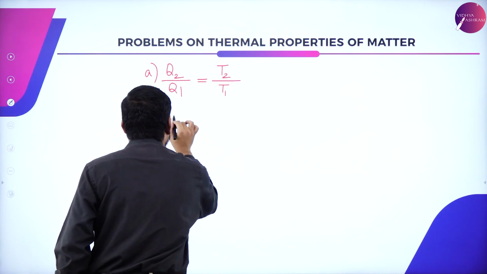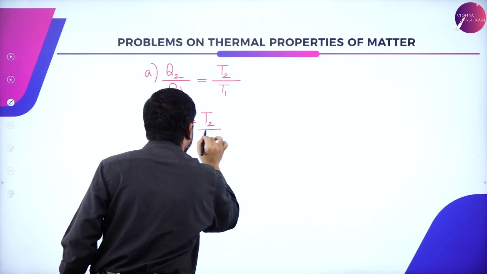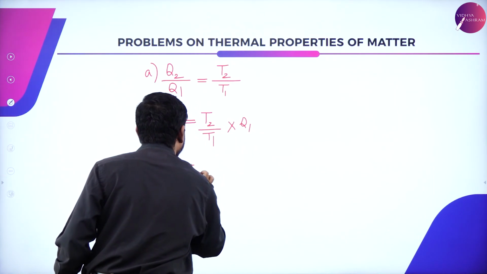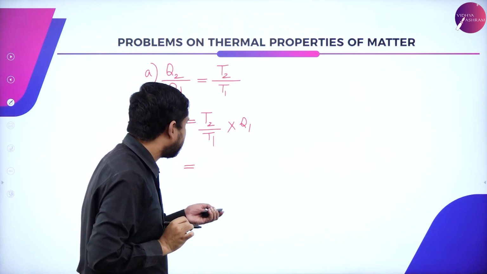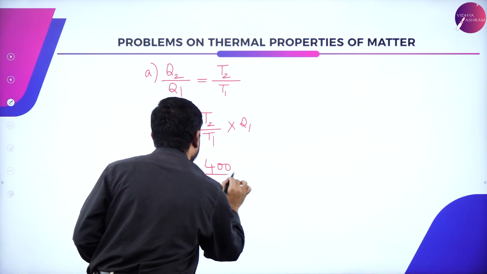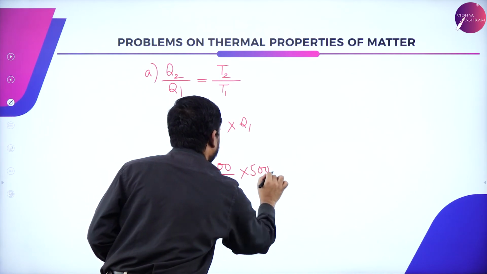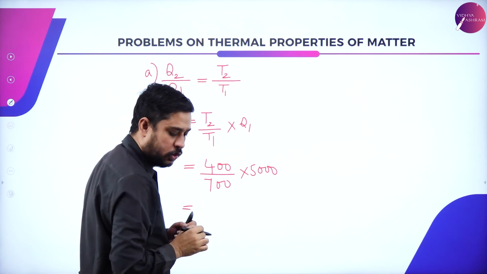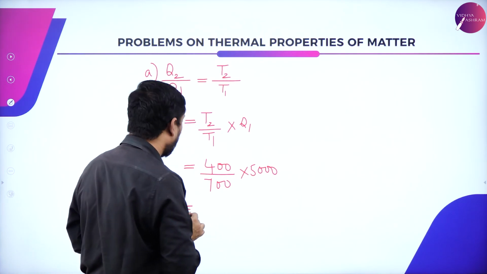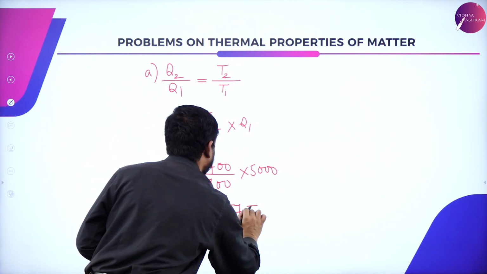So we have Q2 is T2 by T1 into Q1. So how much is T2? 400 by 700 into 5000. So this turns out to be 2857 joules.